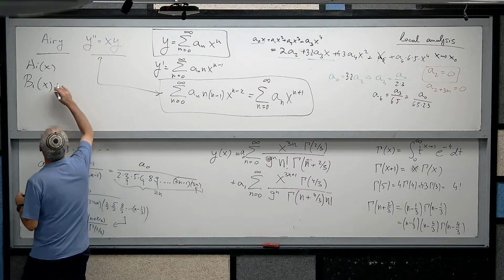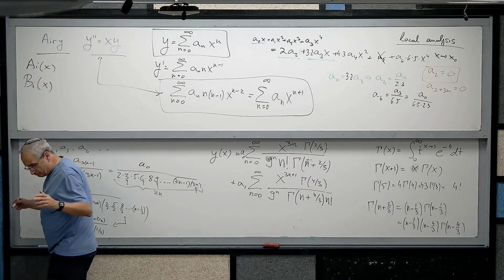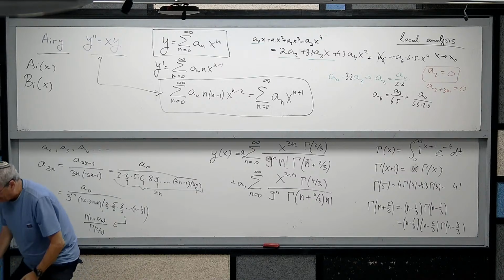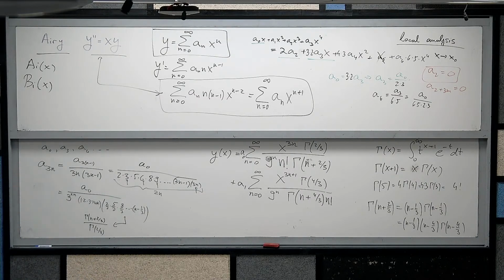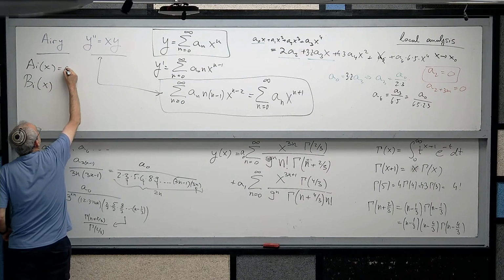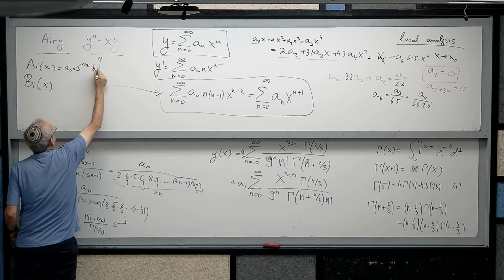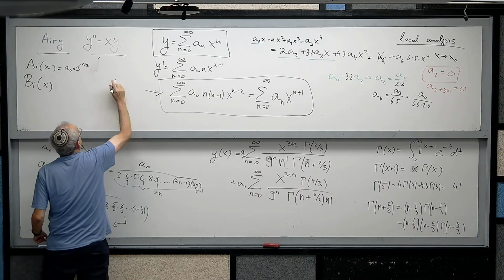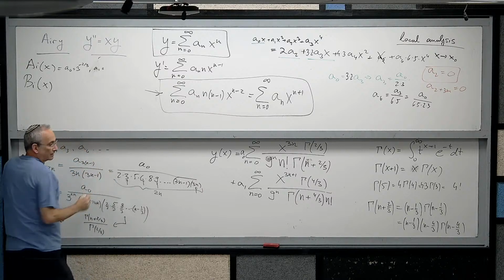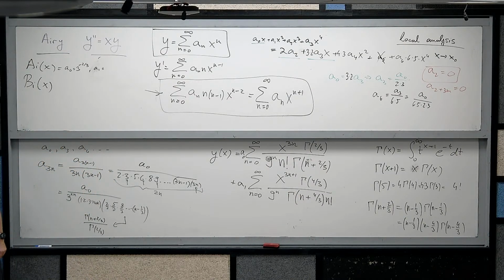Just to be right, Airy is this solution with A0 equal to 3 to the minus 2/3, and A1 equal to minus 3 to the minus 4/3.